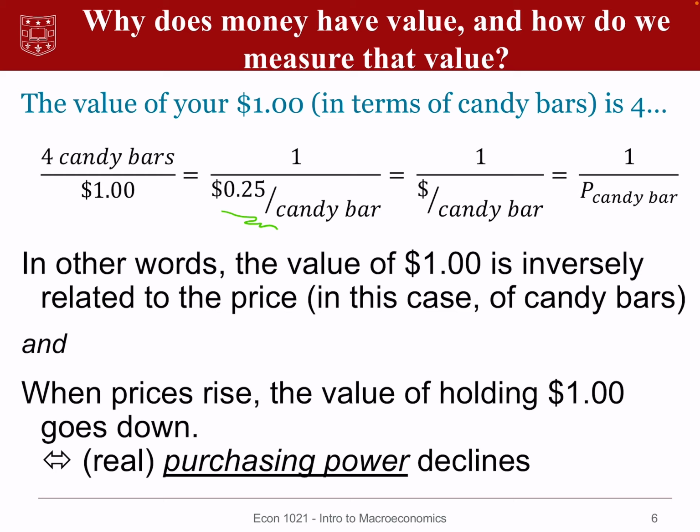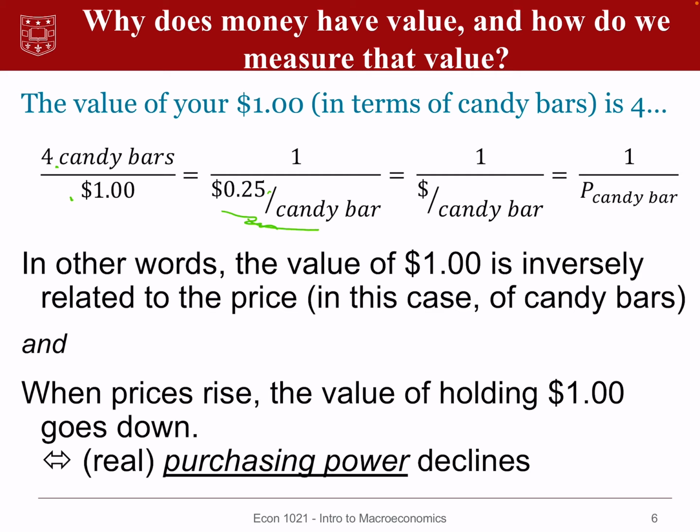So you get 4 candy bars per $1. So how could we rewrite that? Well, we could rewrite that as 1 divided by $0.25 per candy bar. If you flip the denominator, you get candy bars divided by 0.25 or 1/4, and that would give us what we had before.